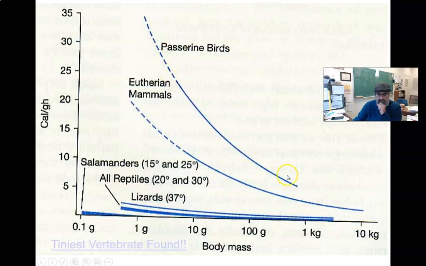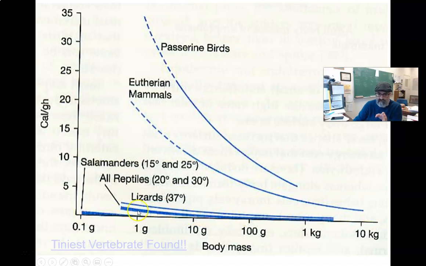Okay, so the biggest mammals, something like an elephant, has a very low metabolism. They don't burn a lot of calories per gram per hour. Okay, same thing with birds. Lizards and reptiles and salamanders, we do see the same type of relationship, but with a very different slope.